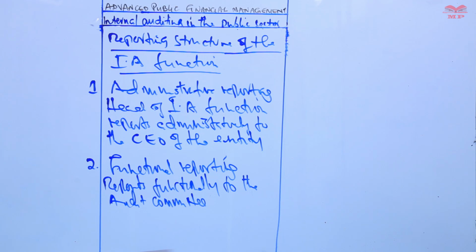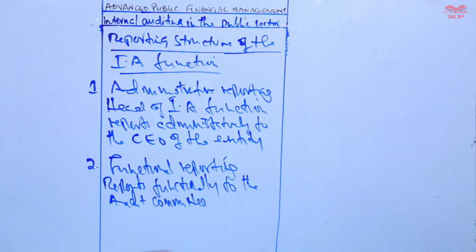The head of internal audit reports functionally to the audit committee of the board or the equivalent oversight body. And this reporting line is essential for maintaining the independence and objectivity of the internal audit function.